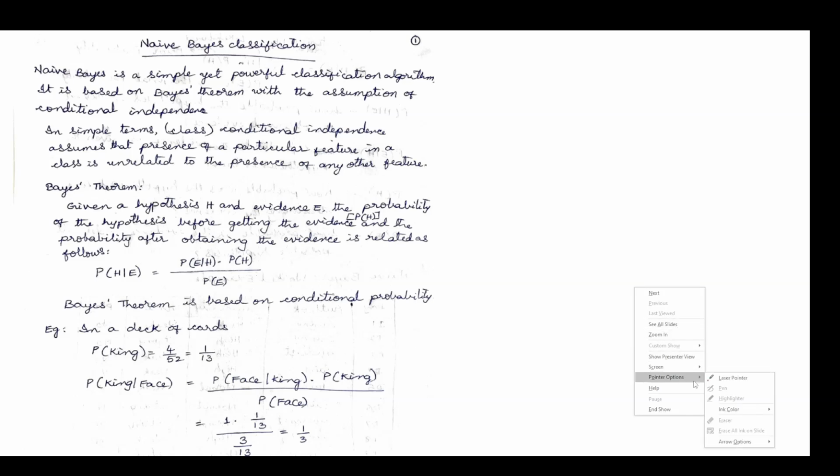Today I would like to discuss the concept of naive Bayesian classification with the help of a worked example.